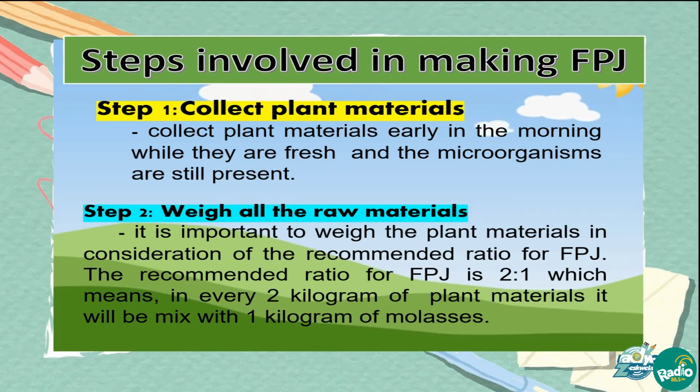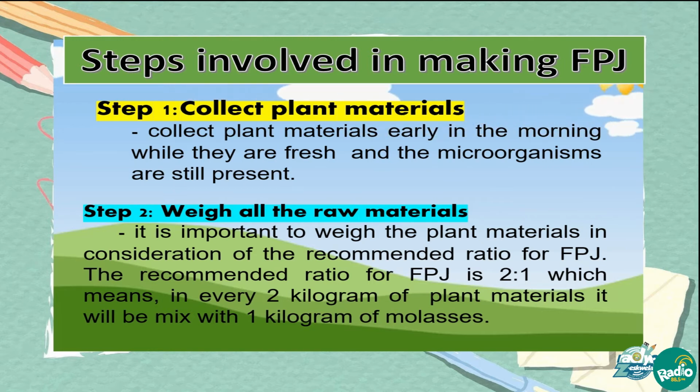The recommended ratio is 2:1, which means in every 2 kg of plant materials, it will be mixed with 1 kg of molasses. To simplify the calculation, just add the quantity of your plant materials and divide it by 2. The resulting number would be the quantity or amount of molasses.